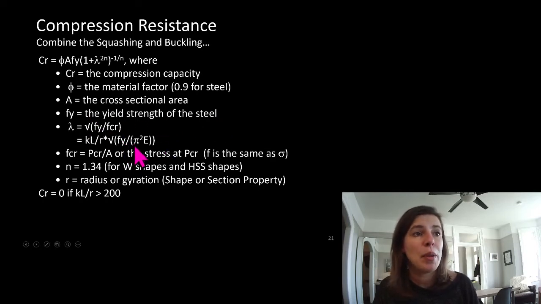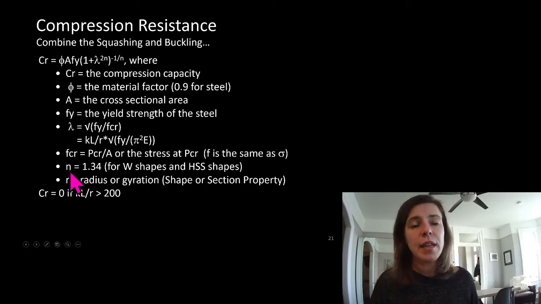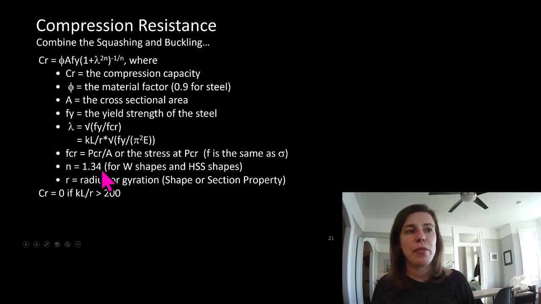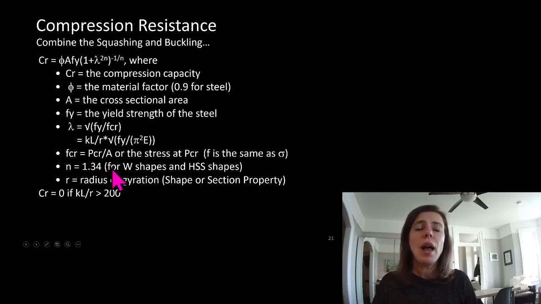Pi is a constant, and E is our 200,000 MPa. That's our modulus of stiffness, or Young's modulus for steel. And then N I'm going to give you as a constant. For other types of shapes and other types of things, it can be a variable, but most of the time N is 1.34. So don't worry about that too much. You just need to know that N is 1.34.